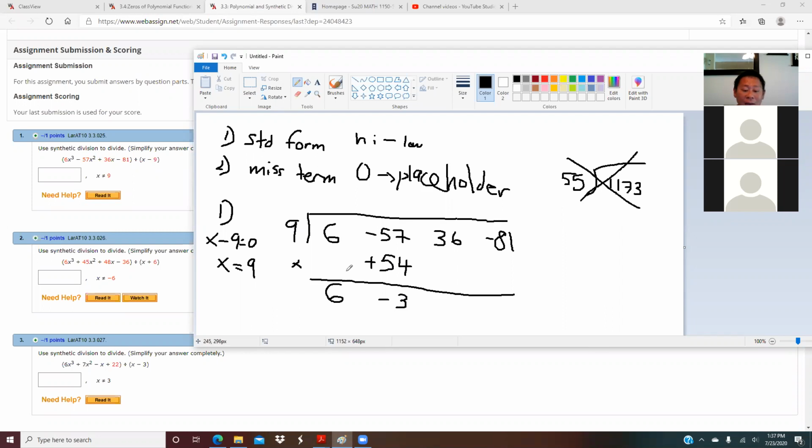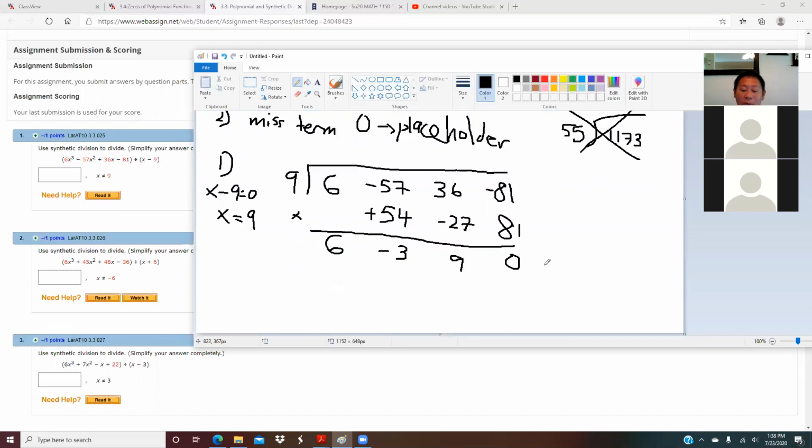You take 9 times negative 3. This is negative 27. And then again, you add these 2 numbers, always add. So 36 minus 27, you end up with a 9. And then 9 times 9 is 81, and negative 81 plus 81 is 0.